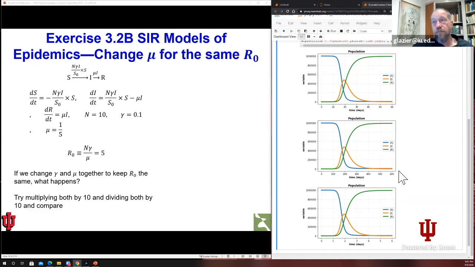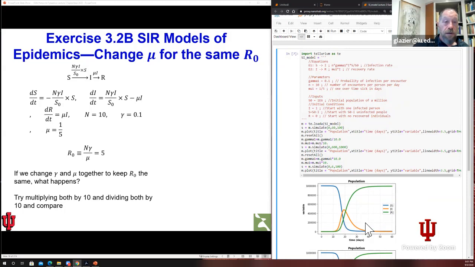So basically, if I change gamma and mu together, making gamma and mu bigger speeds things up. Making gamma and mu smaller slows things down. And so R naught may determine certain aspects of the epidemic. It determines the size of this peak, determines the final value of my recovered, but it doesn't determine how fast things happen.